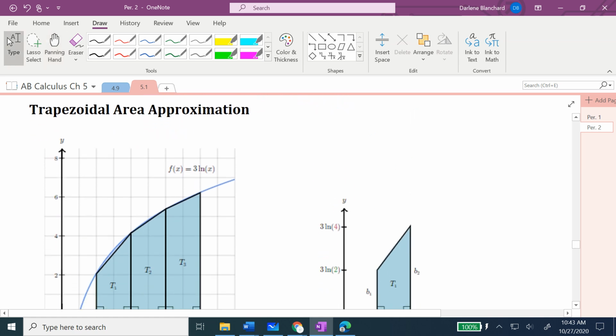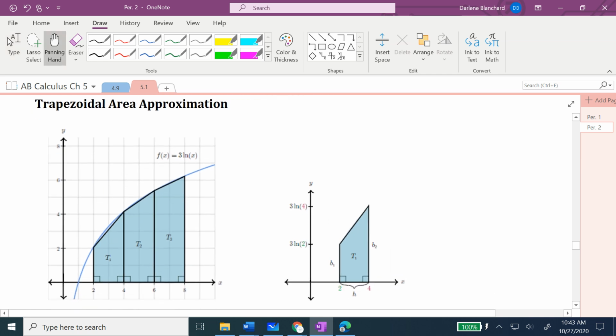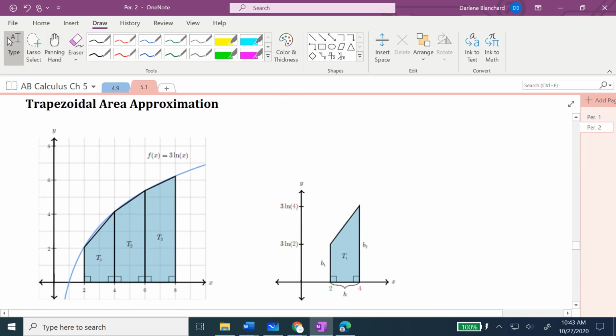Now, the other type of area approximation that the AP test goes through is trapezoidal area. And if you look at this drawing, you can see that it is a far better way to approximate area than a rectangle.